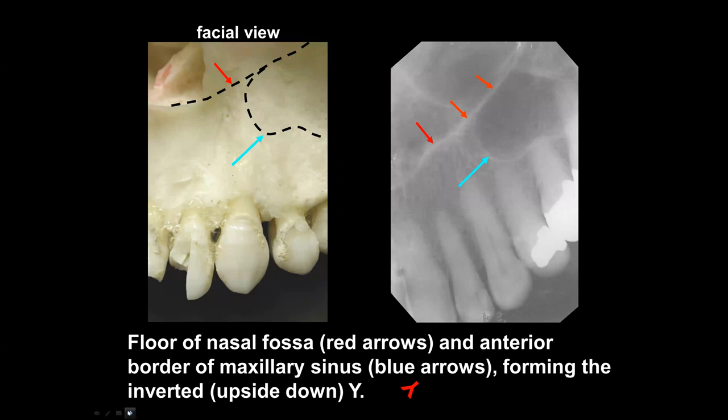Again, the floor of the nasal cavity is indicated by the red arrow, whereas the floor of the maxillary sinus is indicated by the blue arrow. When they join together, they form an inverted Y in the region of the maxillary canine.